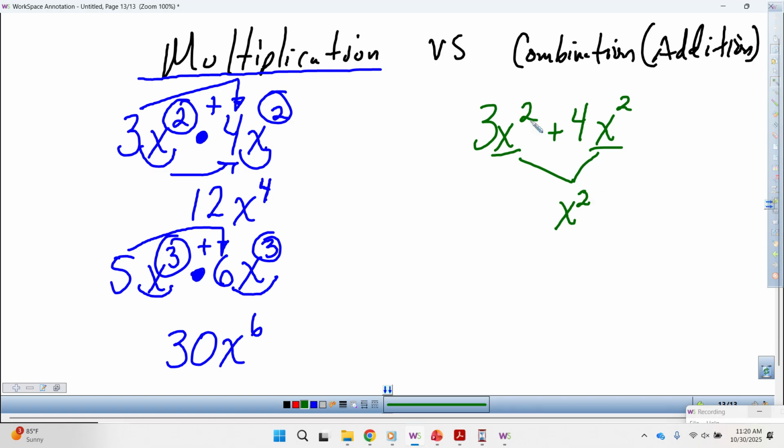And all you have to do is add the two numbers. What is 3 plus 4? That is 7. Once again, that only works if the variables have the exact same exponent. So, yeah, the exponents have to be the same.